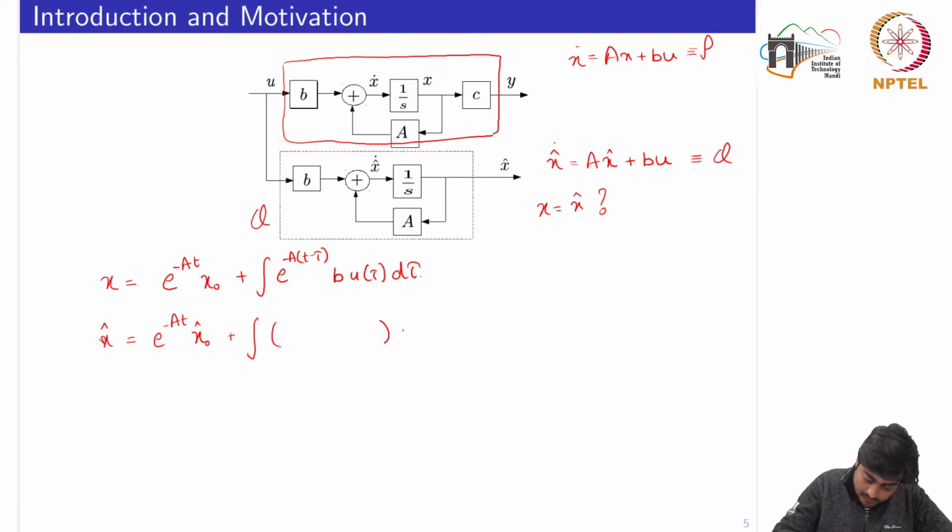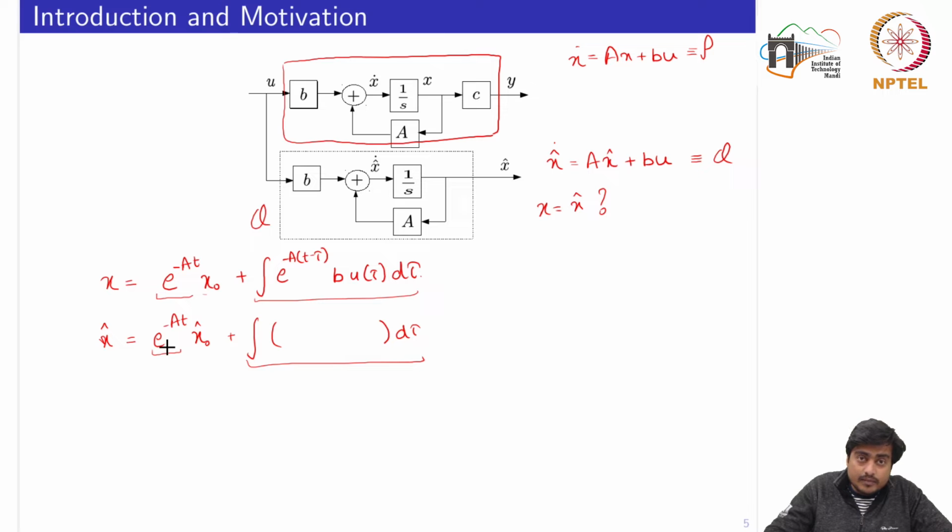This part would remain the same as it is. If this integral remains the same, so the value of this one would also remain the same, but the only change you see here is the value of x naught and x hat naught, because this exponential is basically the same.